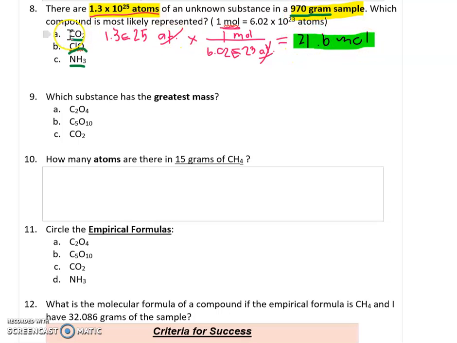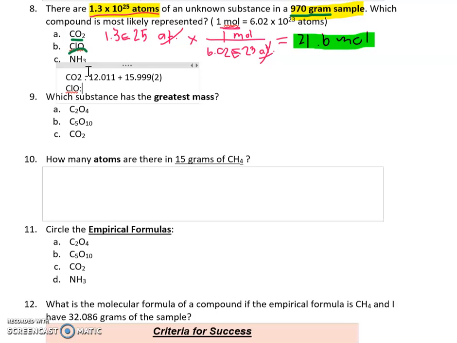So I'm actually going to write right here, CO2. I'm not going to do the subscripts just because it takes too much time. So CO2 has a molar mass of 12.011 carbon plus 15.999 times 2.